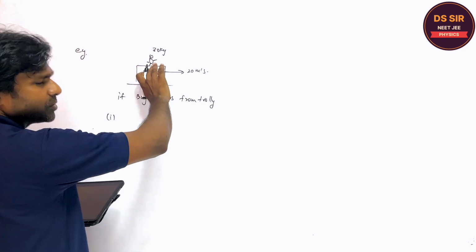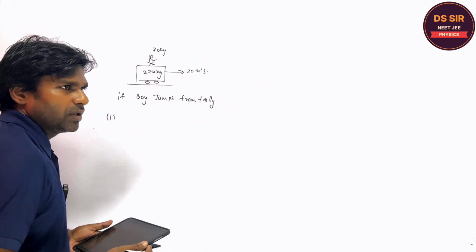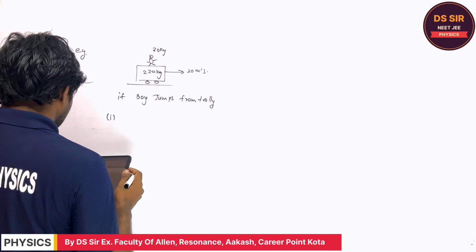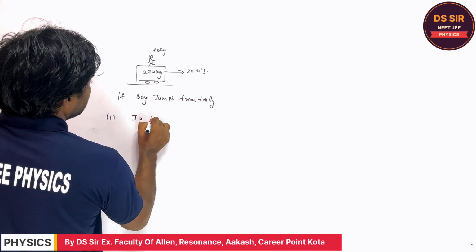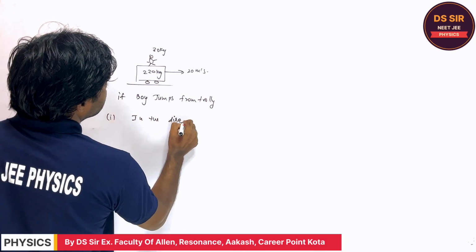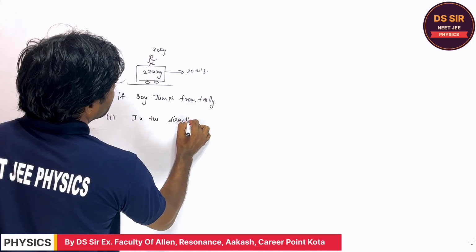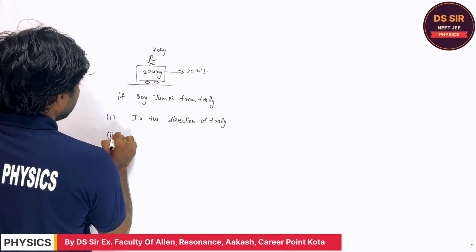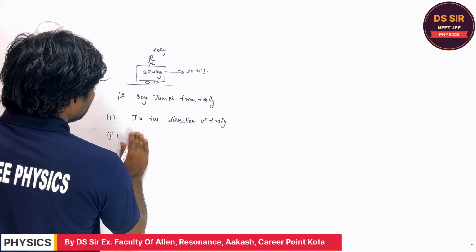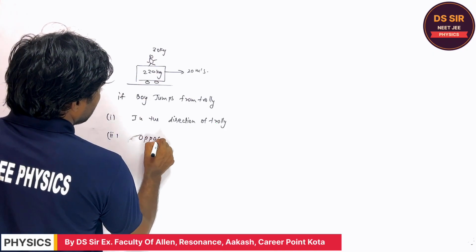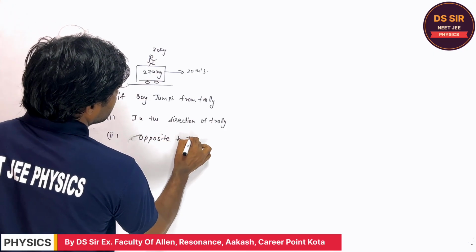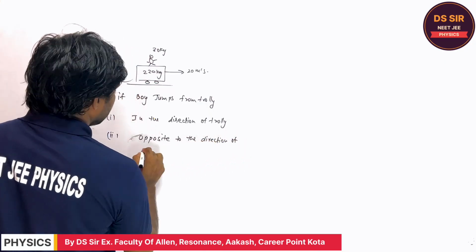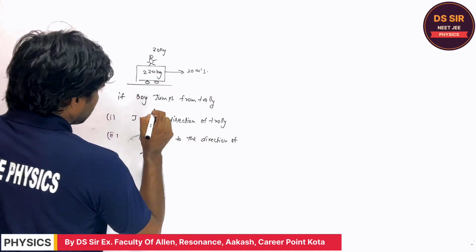First, he jumps from the trolley in the direction of the motion, in the direction of the velocity, or opposite to the direction of velocity. First, in the direction of the trolley, right? And the second part, opposite to the direction of the trolley. All right, this is the question.